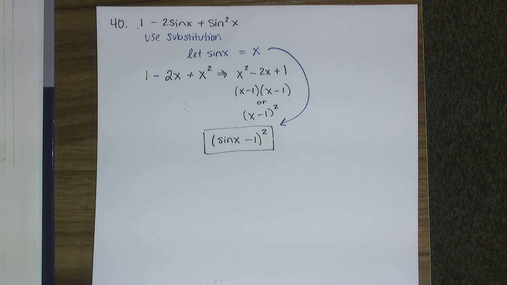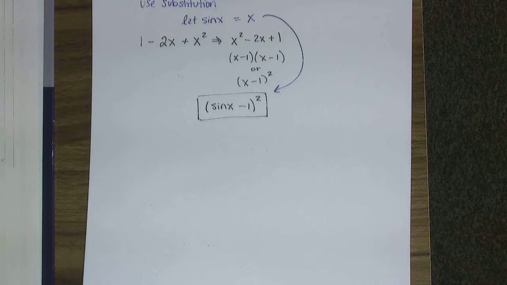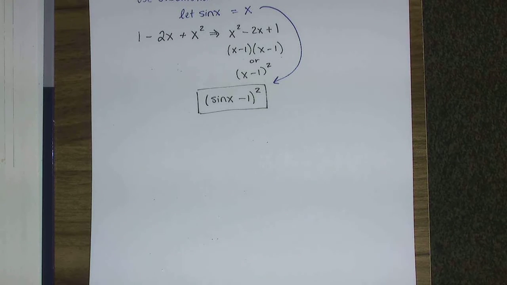So the next thing we're going to look at, we have two more little things with this section. 48 and 50, we're going to do both of those. These ones say to write an expression as an algebraic expression of a single trigonometric function. So basically we want it to be one thing that would normally be like in parentheses.